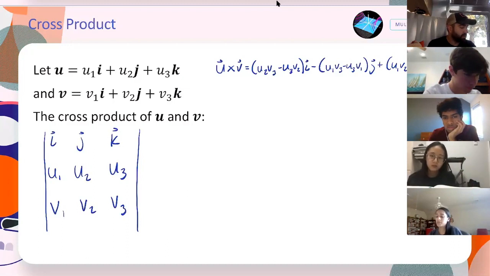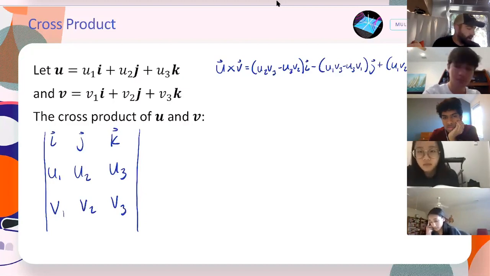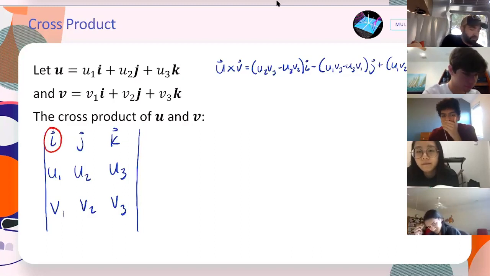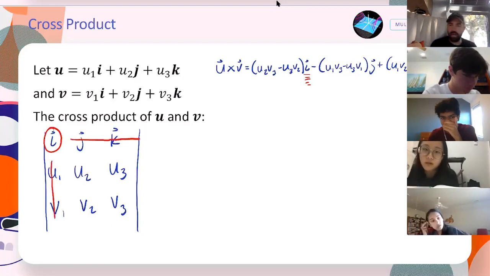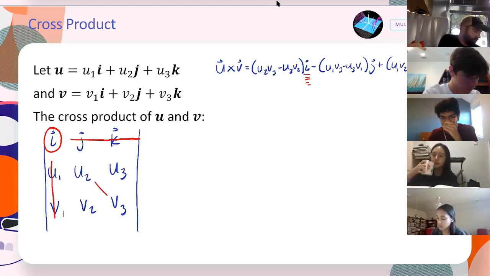Okay, and when we go to take the cross product, we're taking a determinant. For the i component of the cross product, you're going to ignore everything in the same row and the same column as i, and it's made of multiplying across this way and subtracting.